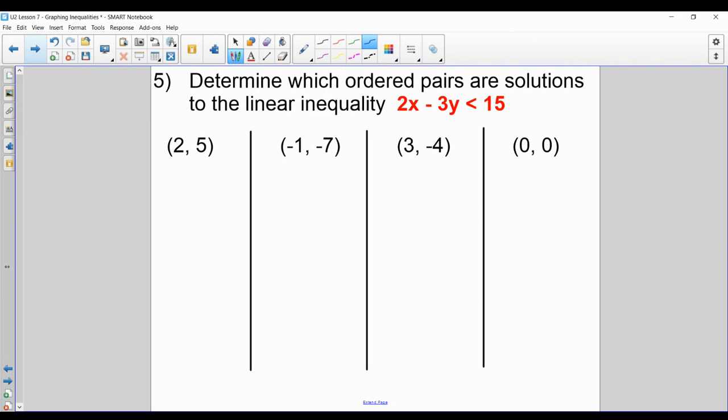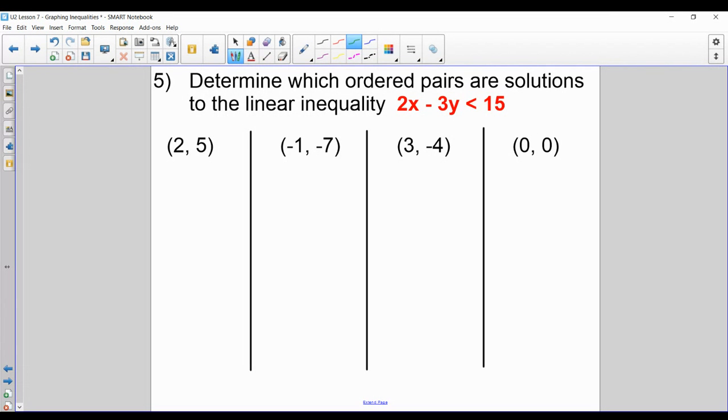Okay, take a look at this. How do we determine which ordered pairs are solutions? If I look at the inequality 2x minus 3y is less than 15, and I want to know which points make it true, so they are part of the solution, or do not make it true, so not part of the solution, I'm going to do exactly what we did in that graph where we tested the point by plugging in the x and y.